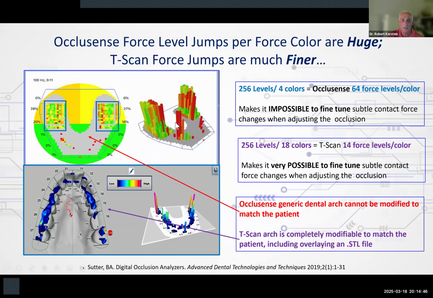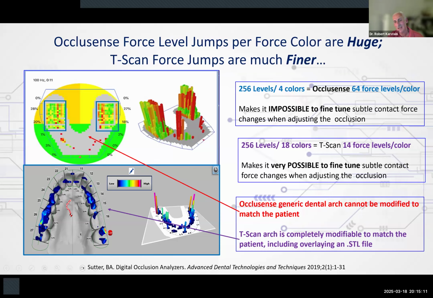I mean, we can make generalizations, but it's not accurate in any way. Whereas T-scan data is very clear where it is. You can actually incorporate an STL file and overlay the STL file with the force data. And for example, in this case, if we wanted to adjust this high force on this overloaded implant, we know we're dealing with the mesio-buccal cusp. It's very clear what needs to be adjusted with T-scan. This is far more diffuse.